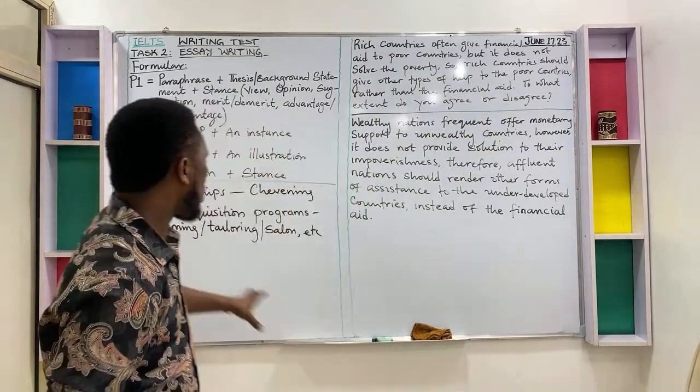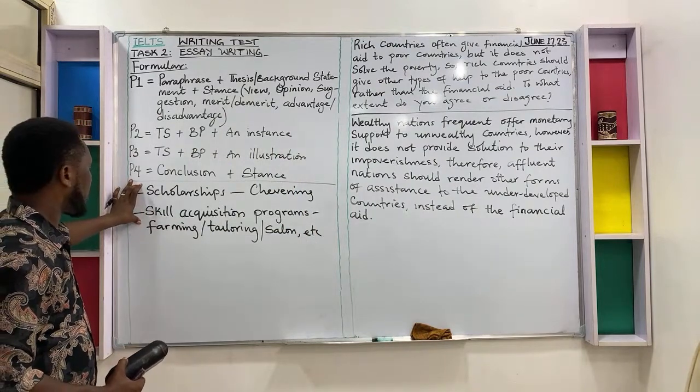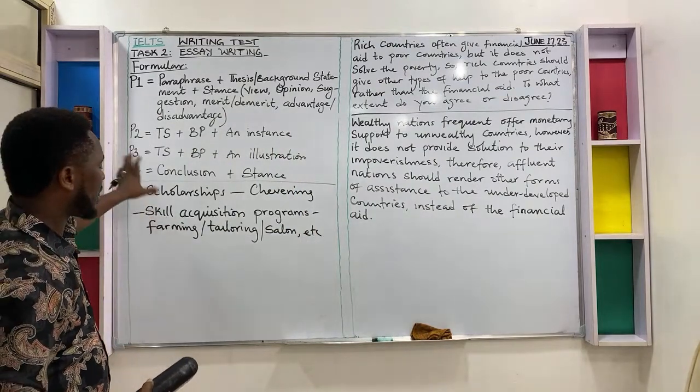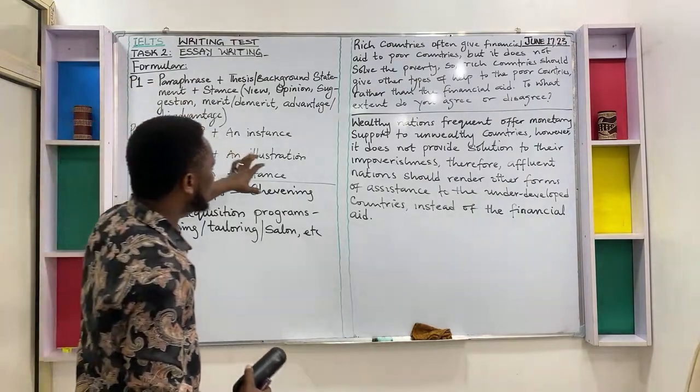You understand? So once you have drafted this out on your question paper or on your typing board, wherever your typing space or interface, then you are ready for your essay.